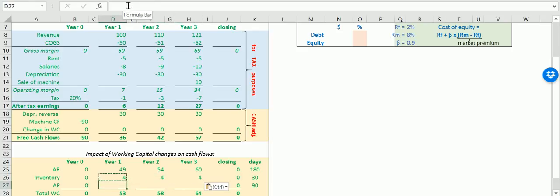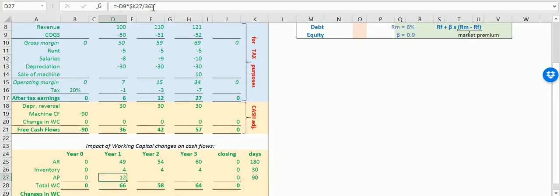And then for the accounts payable, the same. We take the cost of goods sold, we multiply it by the days, and we divide it by 365. There you go.